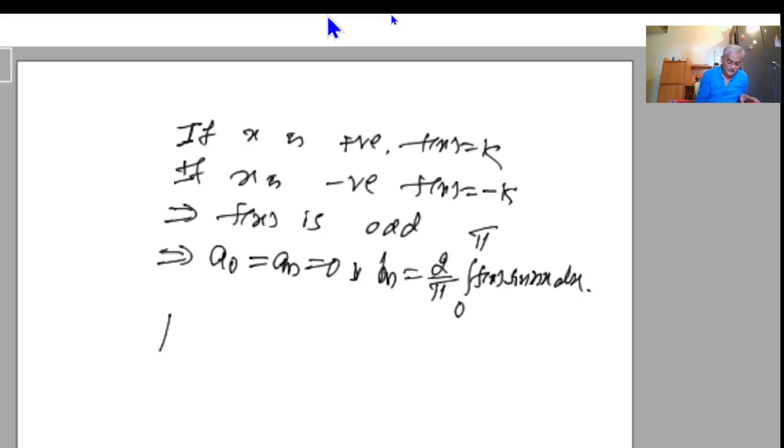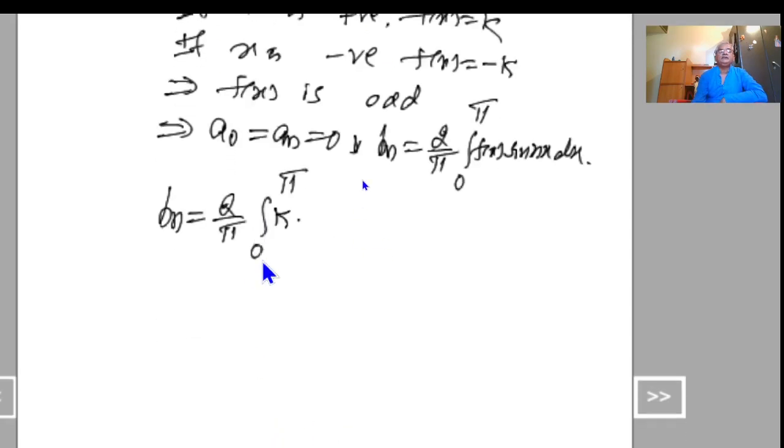So therefore here bn is equal to 2 by pi, integral 0 to pi. What is my f of x? From 0 to pi f of x is k, from minus pi to 0 f of x is minus k. But my interval here is 0 to pi, therefore in that interval f of x is equal to k into sin of nx dx.